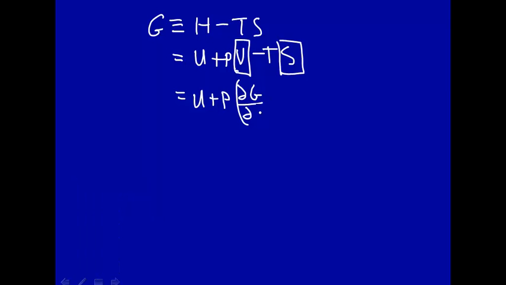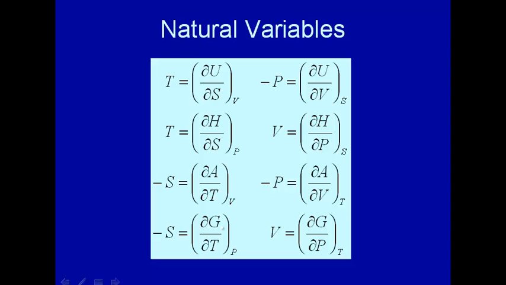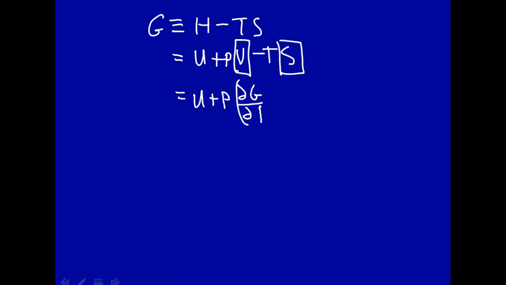How G changes with P at constant temperature. And now might as well just put that minus sign in there. Minus T, and now we can substitute in for entropy.